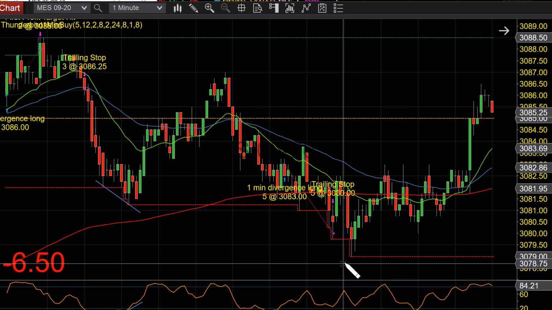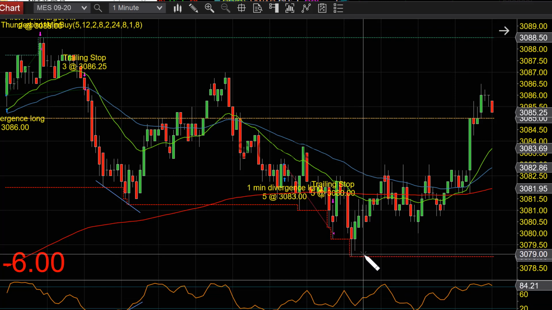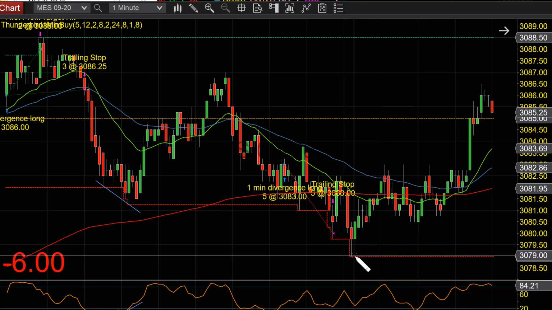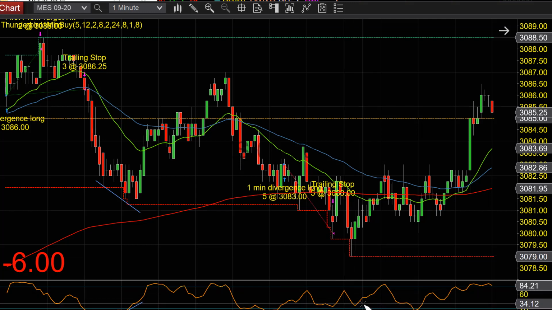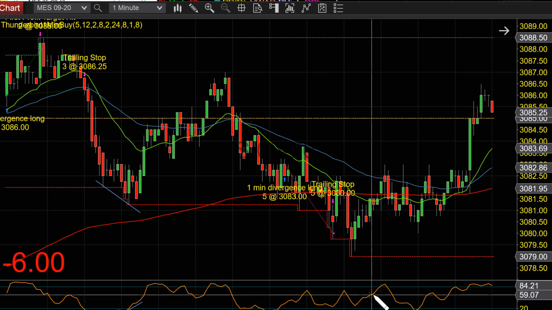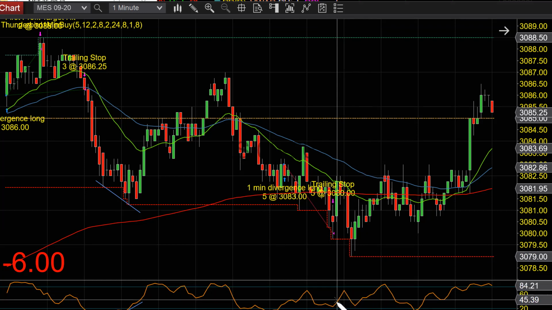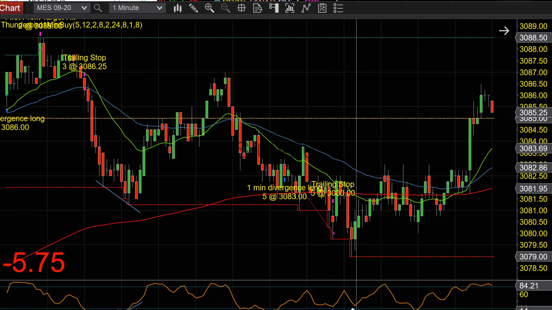So right now I'm working on a switch or a parameter where you'll be able to pick the type of divergence: any divergence, a strong divergence, medium divergence, or super strong divergence. That's really going to be based off your stochastic indicators, and the steepness between the low and the higher low.